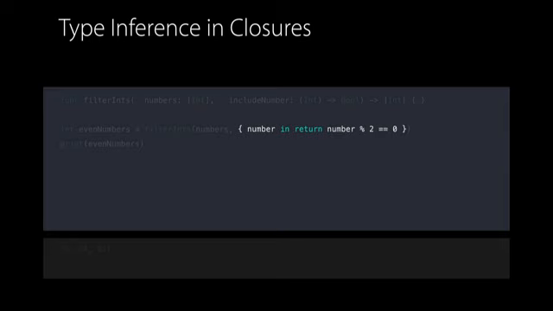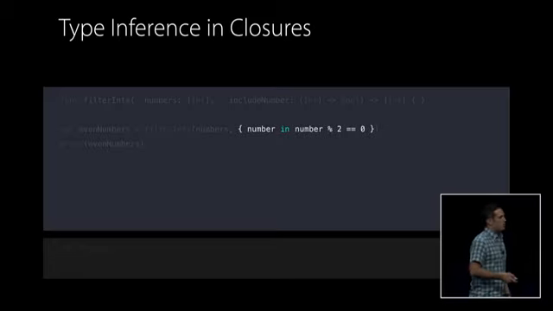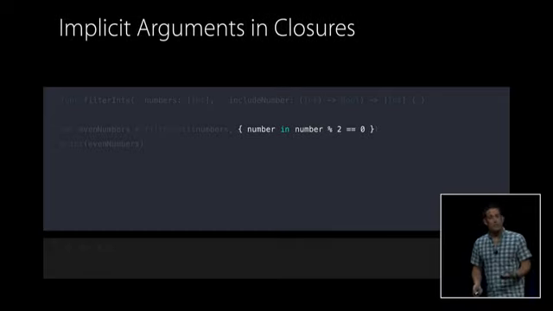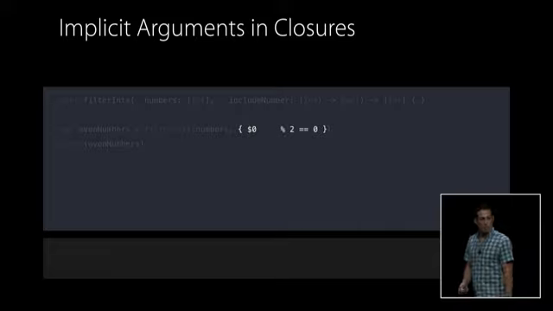And when the entire body of the closure is a single return statement, as it is here, you don't need to write the return keyword either. Now, this is much cleaner syntax, but because the closure is so short, even the number parameter seems a bit redundant. And in cases like these, Swift provides implicit argument names, so there's no need to even write the parameter name or the in keyword.